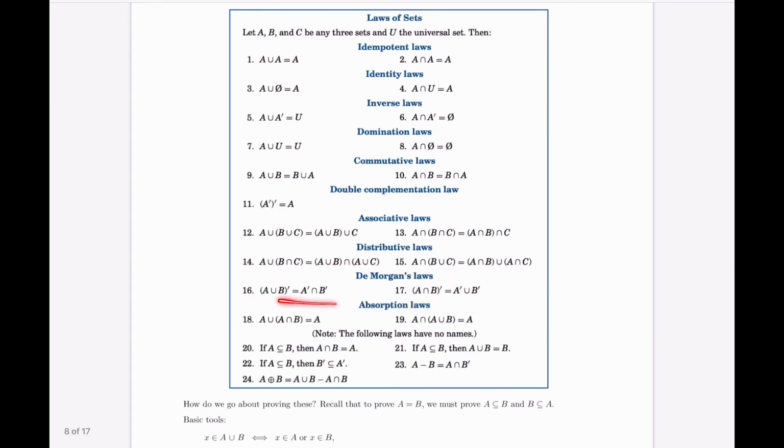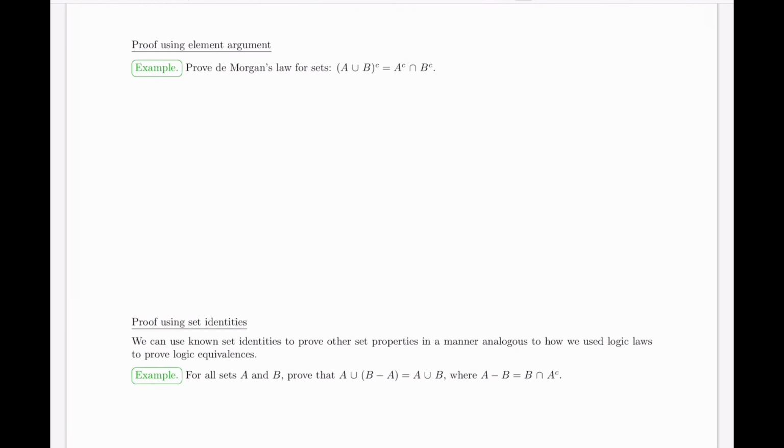And we're going to begin by proving one of the De Morgan's laws. So what we would like to prove is that the complement of the union is the intersection of the complements. Remember that proving set equality means that we need to prove the subset property in each of the two directions.